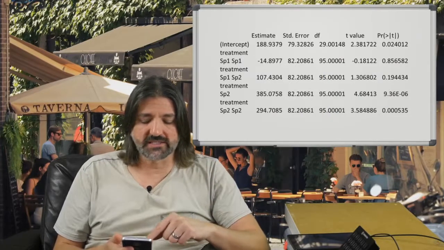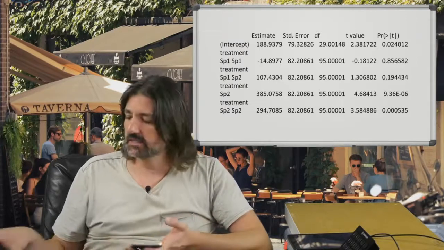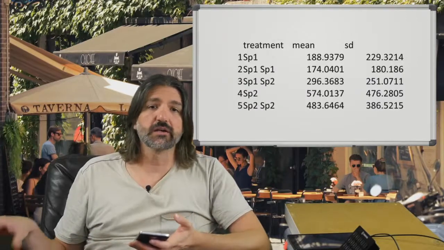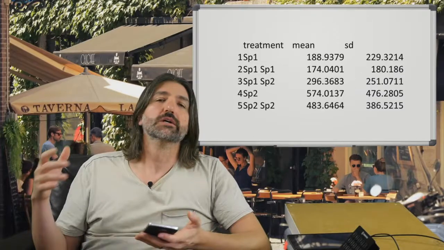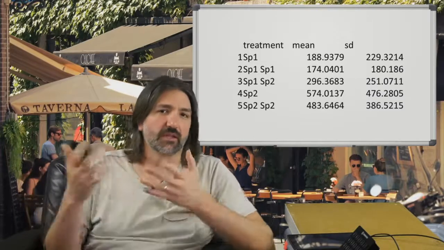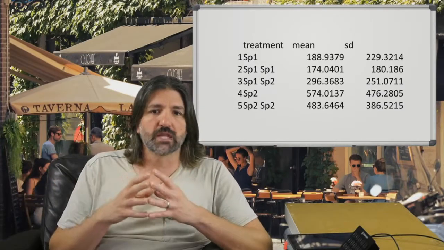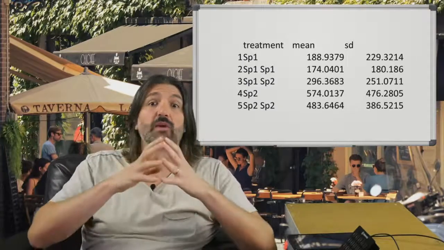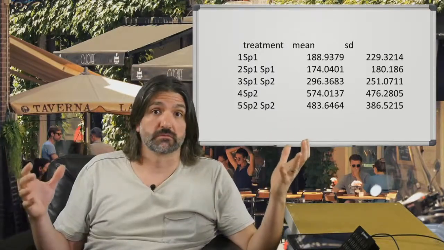And is a high SD in the second table a bad thing? You mean in here? No, it's not a bad thing. There's no such thing as a bad thing in this kind of sense. What it means is this was the mean and there was a lot of variation, right?